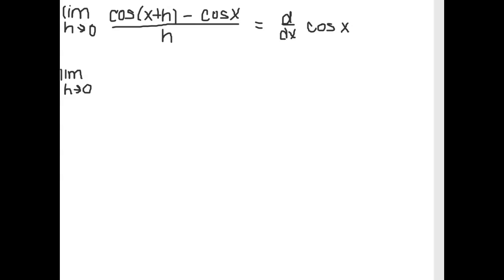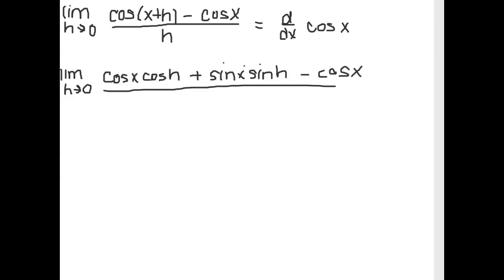Becomes the cosine of x, cosine of h, plus the sine of x, sine of h, minus the cosine of x, all over h.